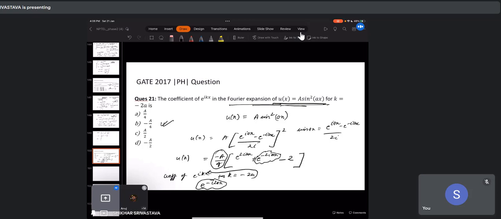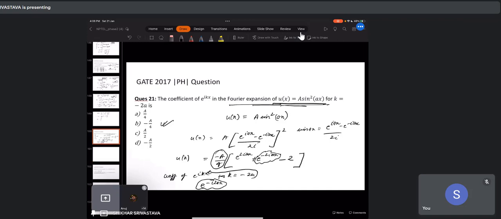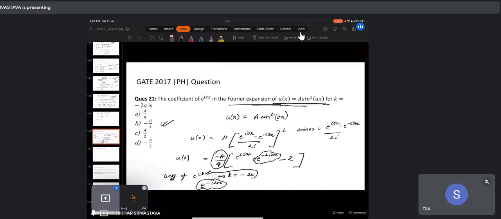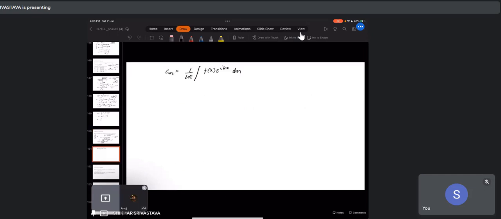Or other ways was you have to find the coefficients like complex Fourier analysis, which is not required here. So just simple approach, you could have found the answer. What I'm telling is that in the other approach you have to find this coefficient as 1 by 2 pi integral of fx exponential ikx dx, using this formula where your fx is this a sine square ax.